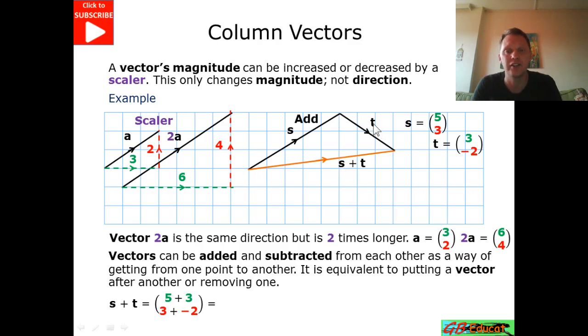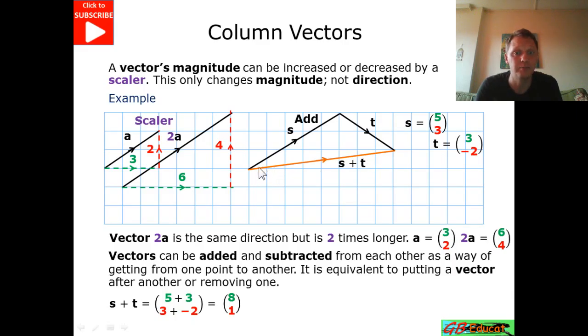And we've got a vector of t, which is 3 to the right and then 2 down. So 3, negative 2. Now I could add these by simply taking my horizontal numbers, my top numbers, adding those together, and then adding together my bottom numbers, which will give me a vector of 8, 1.